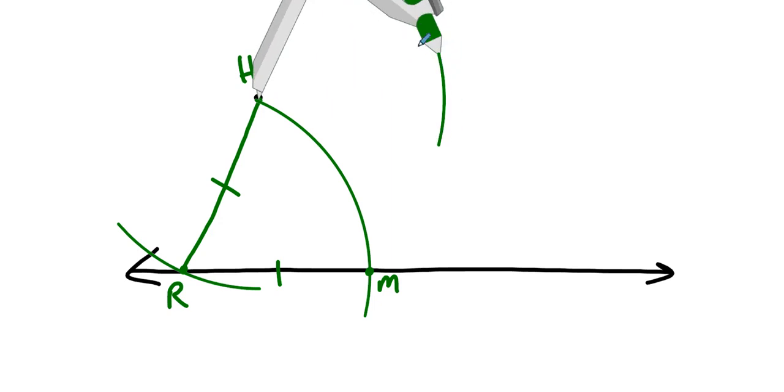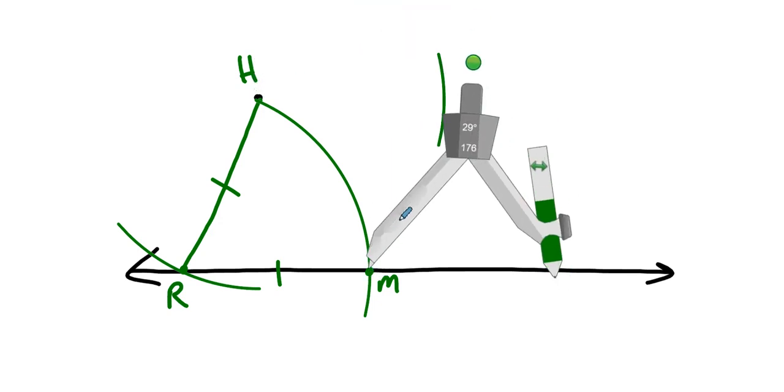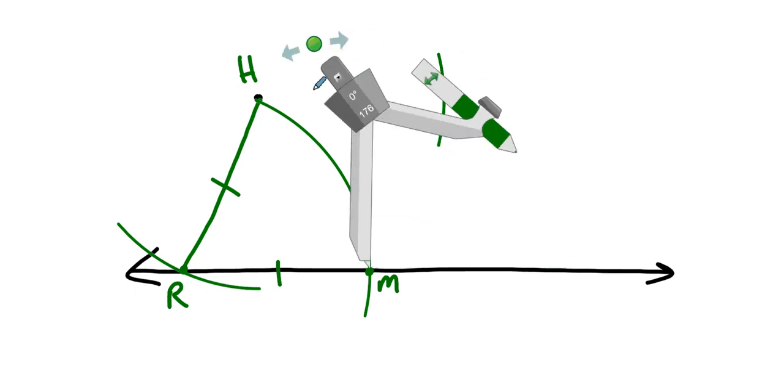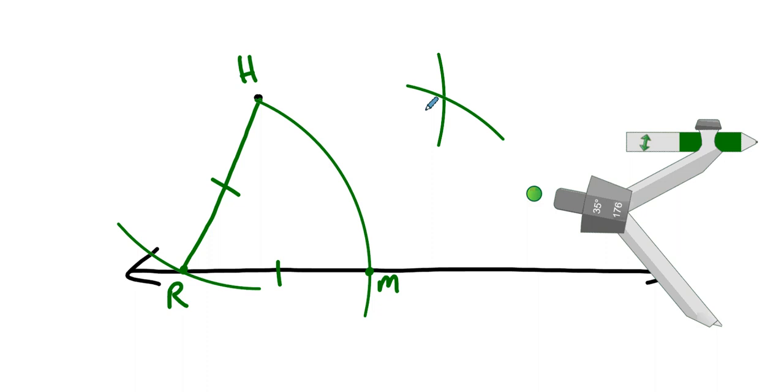O's got to be somewhere on that arc. And if we start at M, O's got to be somewhere on that arc. Well, if O's got to be somewhere on this arc and O's got to be somewhere on that arc, this thing has to be O. And because we measured well from H to O, that's congruent to this and that. And since we measured well coming from M, all four sides of the rhombus are congruent.